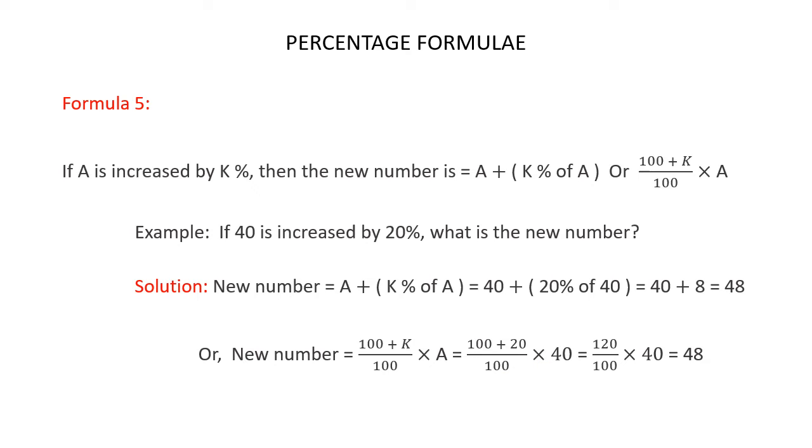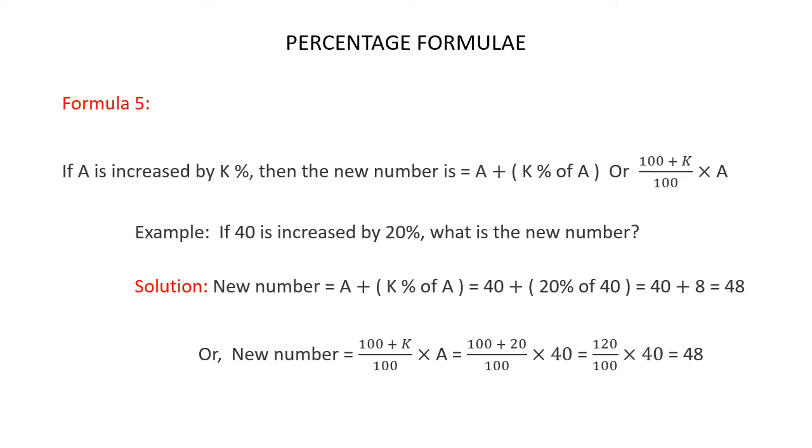This is nothing but 120 divided by 100 multiplied by 40. Here all the zeros get cancelled. 12 multiplied by 4 is 48. 48 is the new number here. It's easier to use this formula while solving percentage problems to find the increased value and to find the new number.